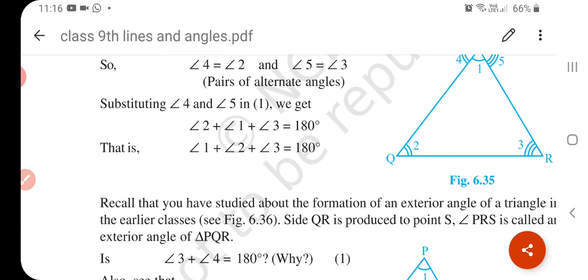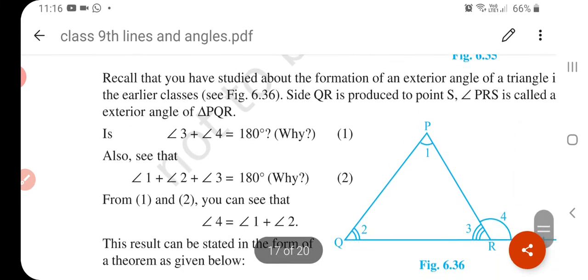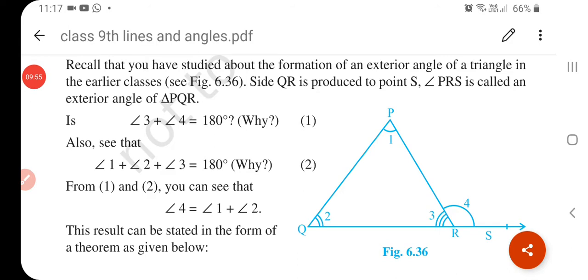Understand? So this is our theorem: the sum of all the angles of a triangle is always 180 degrees. Now, if you produce a line, any one arm of a triangle, let PQR be a triangle.